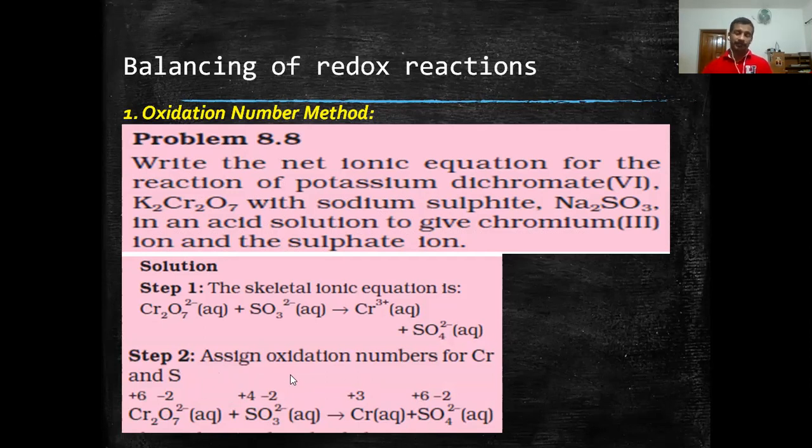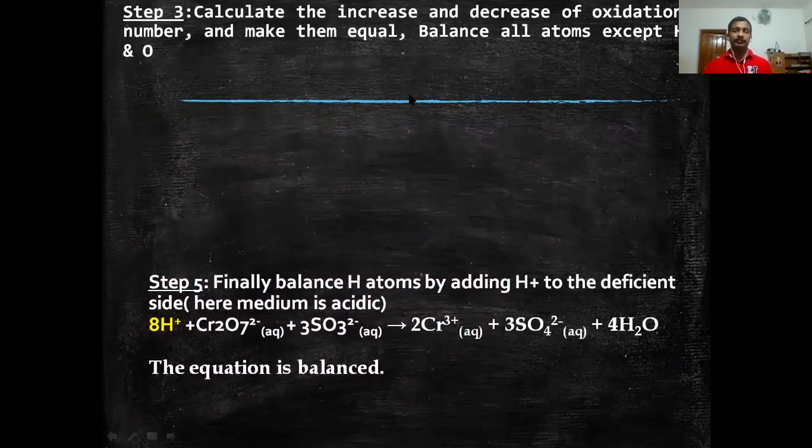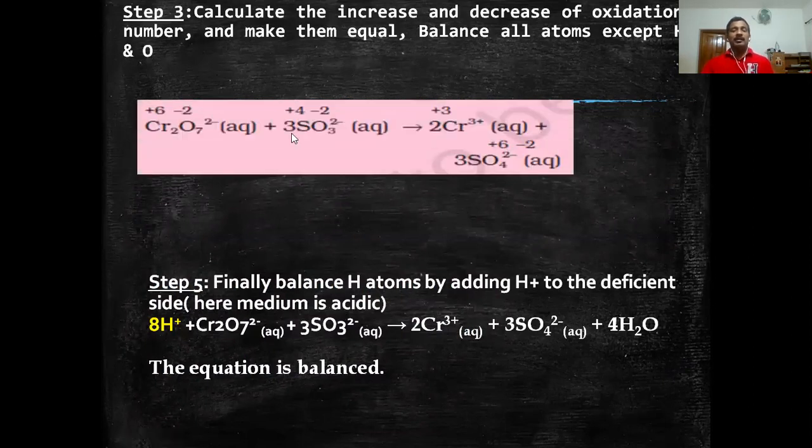In the next step, we have to identify the decrease in oxidation number and the increase in oxidation number and make them equal. Here you can see +6 is changing to +3, so oxidation number decreased by 3 when one chromium in the +6 state changes to chromium in the +3 state.